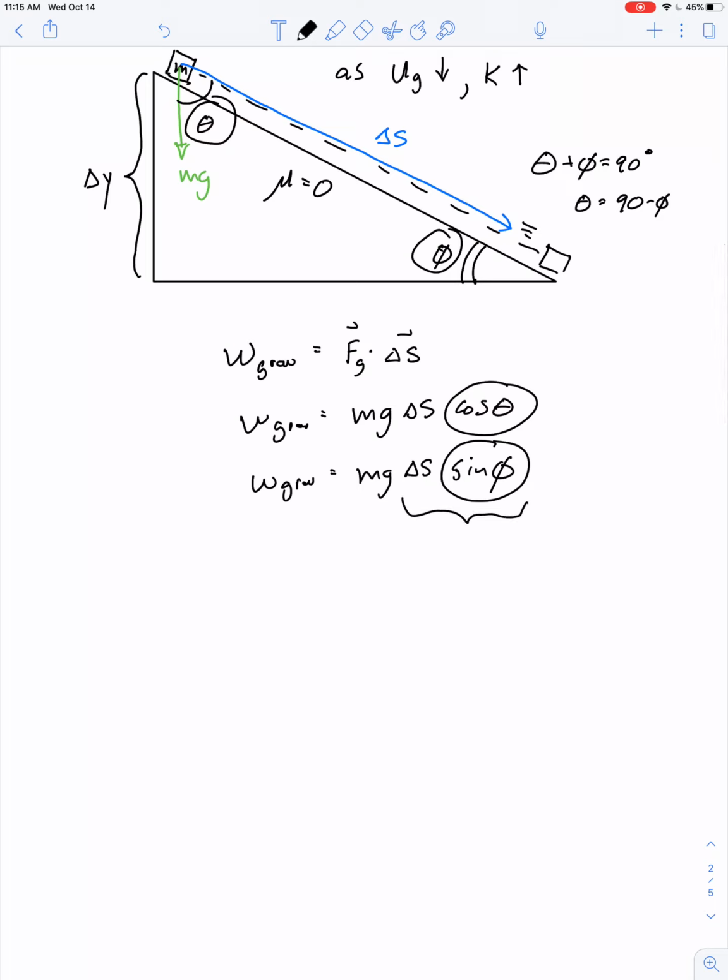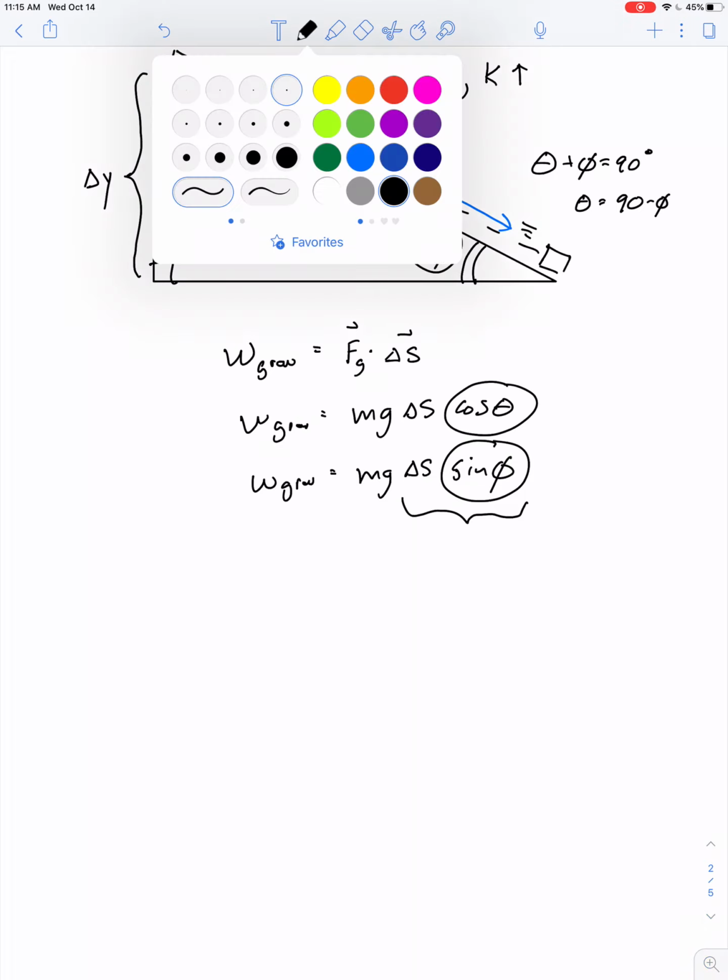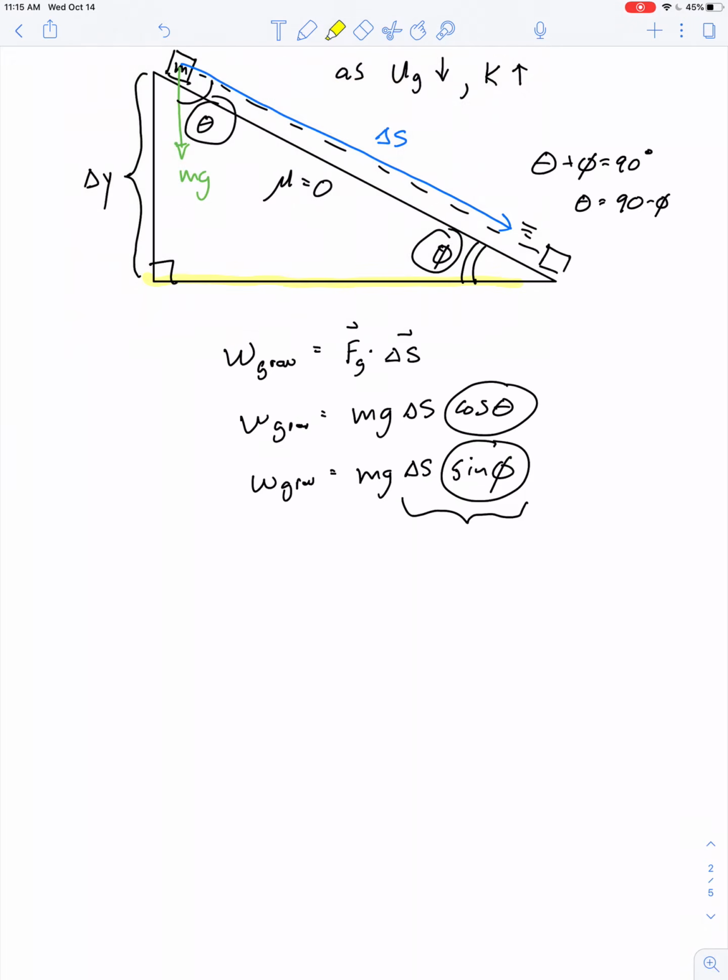But what is delta S sine phi? Well, if you look at this right triangle, delta S is the hypotenuse. The angle phi is opposite the side labeled as delta y.